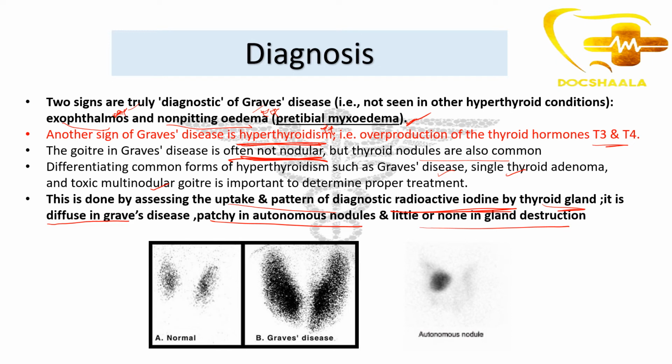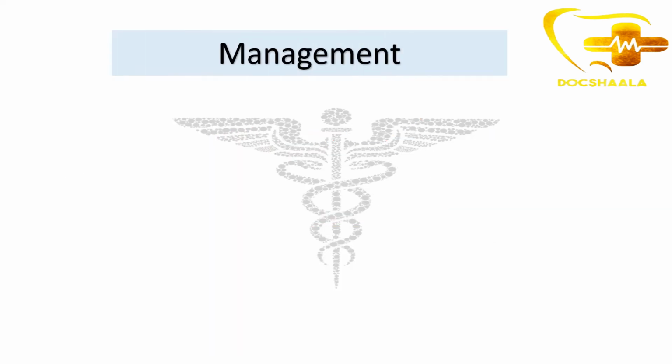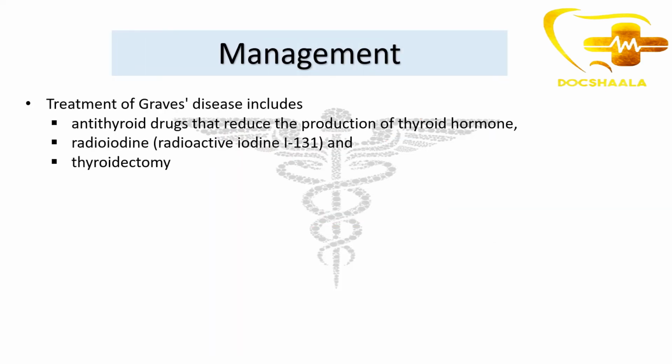Normally it shows like this. In Graves' disease it is a diffuse pattern, and patchy in autonomous nodule. You can see this nodule-like thing, little or none in gland destruction. Then management of Graves' disease. Treatment includes antithyroid drugs, radioactive iodine, and thyroidectomy.